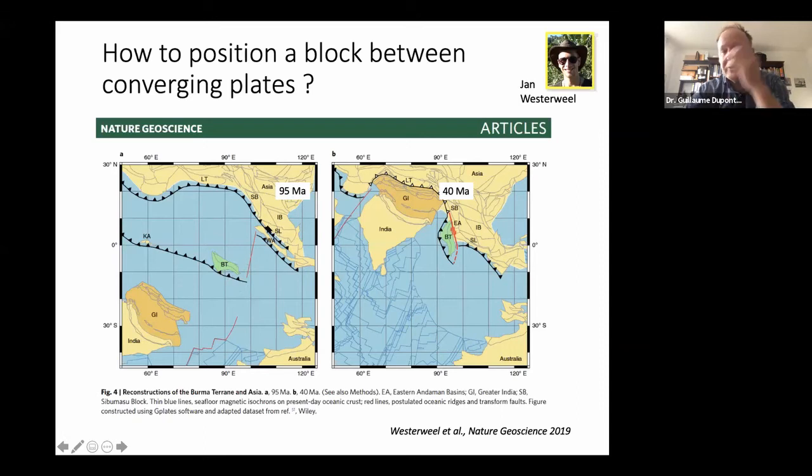This was a very interesting study because it was a complete surprise. People thought that the Burma terrane had always been around this area and even further to the north where it is today. But by looking at paleomagnetic data, Jan was able to show that the Burma terrane used to be in the middle of the Tethys Ocean.